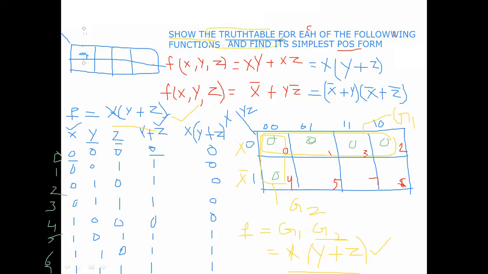We write the truth table and prove this is the simplest POS form. Suppose you change this to standard POS, then we get this as the simplest form. The same will be applied for this one also, then we prove this also.